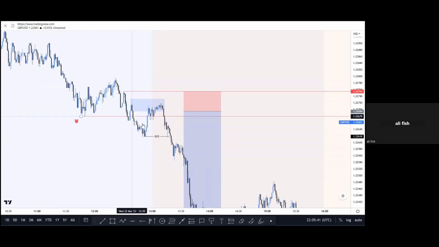So obviously, when I opened it, this is where it started. Price had already come back up and filled this imbalance, and then dropped pretty conclusively through this level. That was my supply zone, and I entered on market execute.